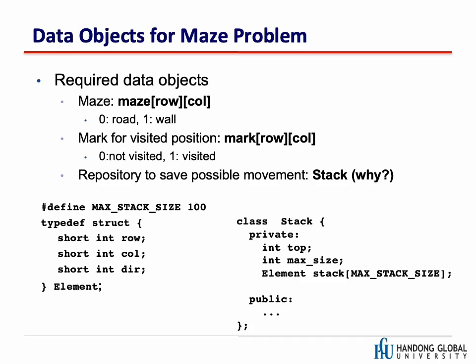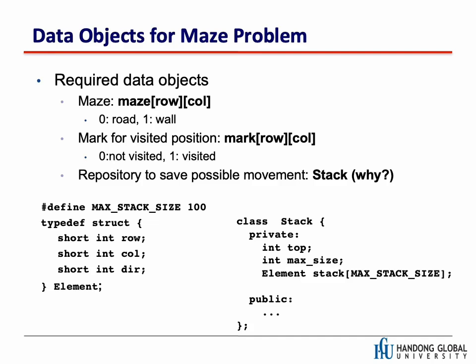Okay. So we have an element structure like this on the left side of the bottom. In this structure we have row, col and dir, direction, because we need to know where we are. Row and col indicate where we are, and dir indicates which direction we are looking.